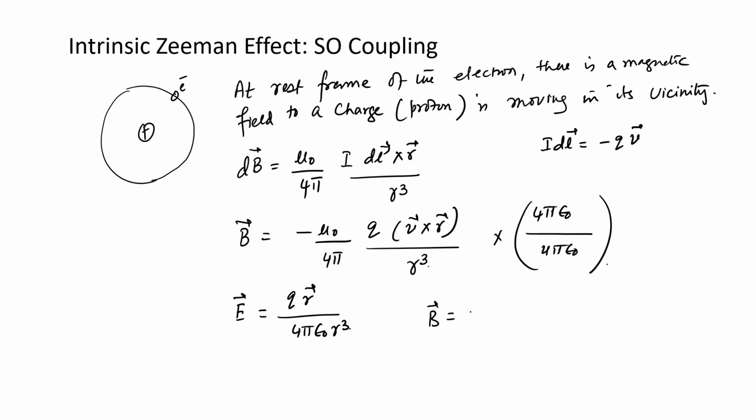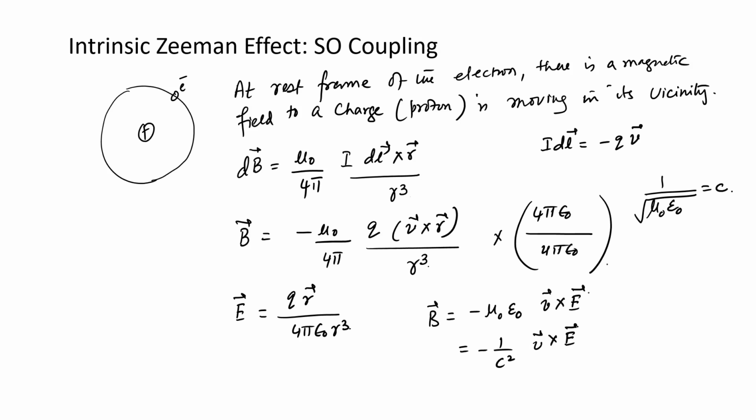So, B is equal to minus mu 0 epsilon 0 V cross E. And if you remember classical electromagnetism, 1 by root over mu 0 epsilon 0 is equal to c. So, this is nothing but 1 over c square. So, this is 1 over c square V cross E.